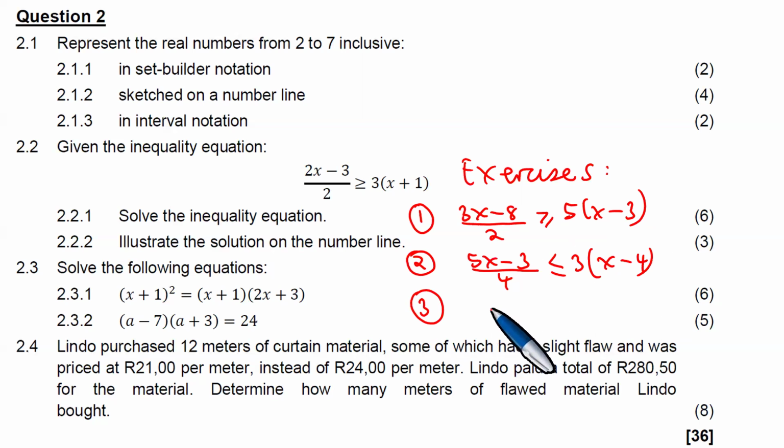And then you might have 8x minus 7 over 3 is greater or equal to 15x plus 1. These are some problems that you can try before we move to problems of a different nature.